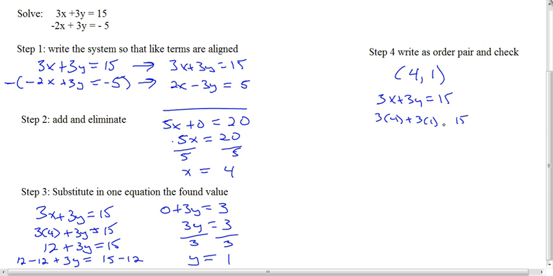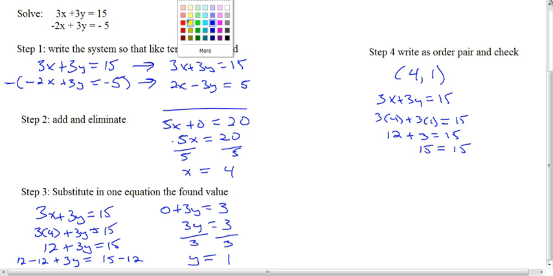It's getting pretty easy. That's 12 plus 3 is equal to 15, and 15 is equal to 15. So we'll go ahead and check the next equation. I'm quite sure it's going to match up, though. Let's check it out and see.